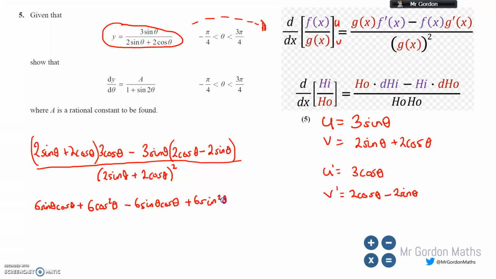That is a very nice term there. You can see a plus 6 cos squared theta and a plus 6 sine squared theta.